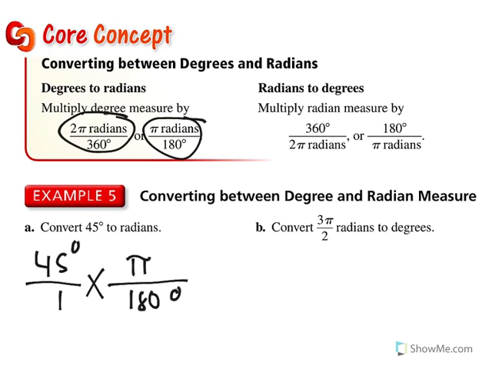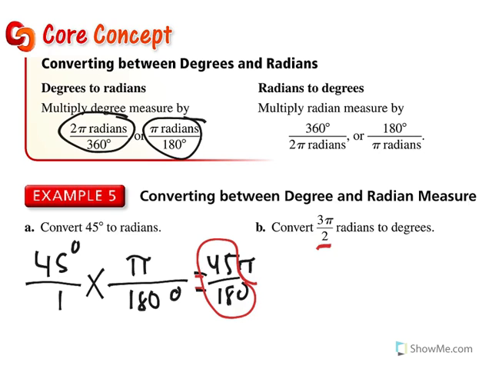But the way that we want to leave radians, if you notice in the second one, a radian is written with a pi in it. And so we actually don't multiply the pi. We're just going to multiply it across. So I'm going to do 45 pi over 180. And so I just need to simplify this fraction part, okay? So I want to do 45 over 180, but I want it simplified.